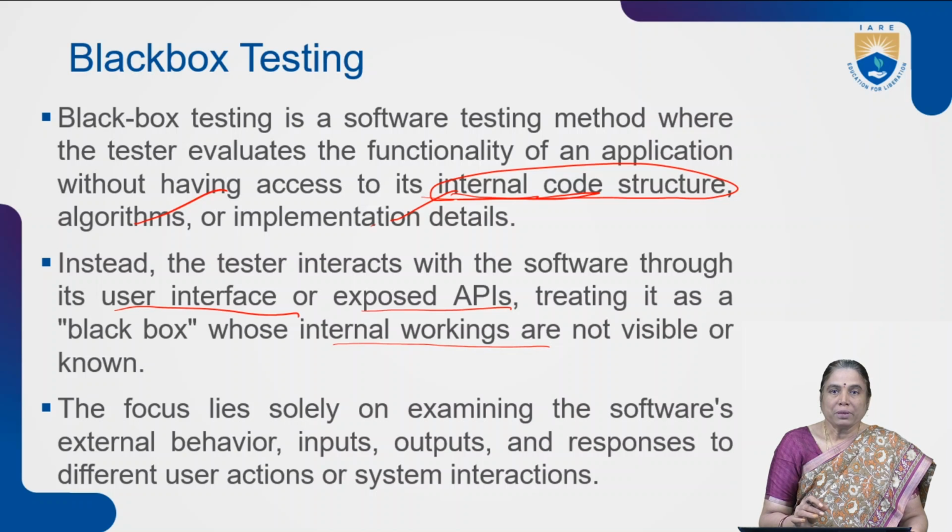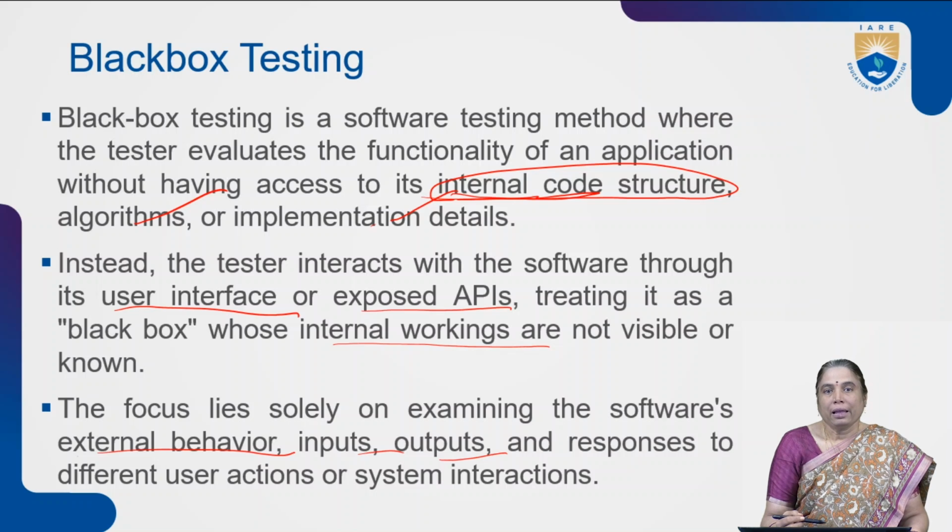So the program is taken as a black box to which the user interactions are provided, and the functionality of the code is verified. The focus lies solely on examining the software's external behavior, input, output, and responses to different user actions or system interactions.